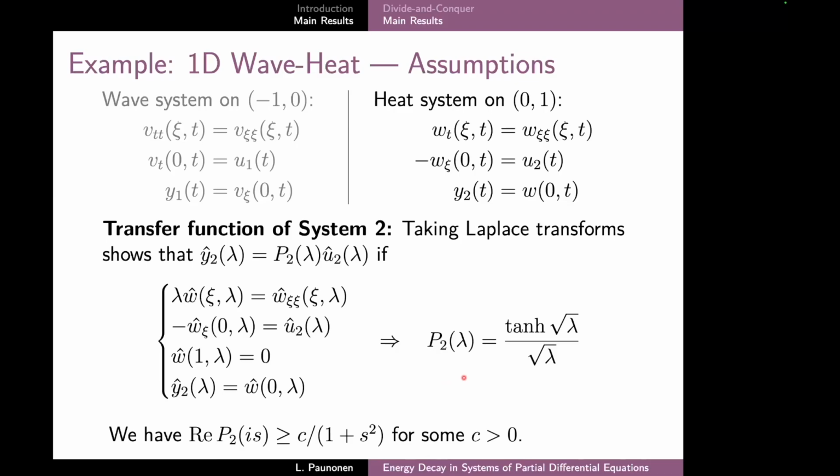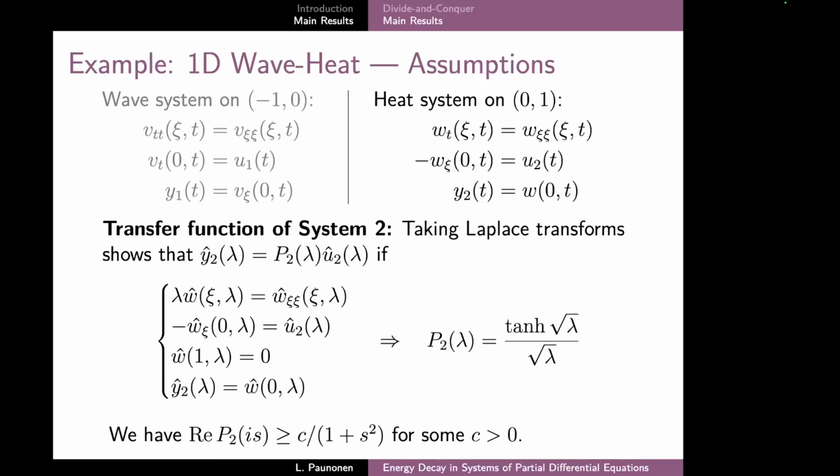And in our analysis, the relevant part is a lower bound for the real parts of this transfer function along the imaginary axis. Now we can see that this lower bound is not uniform in the sense that for higher frequencies the lower bound is smaller, but that is completely fine and even expected in our analysis.